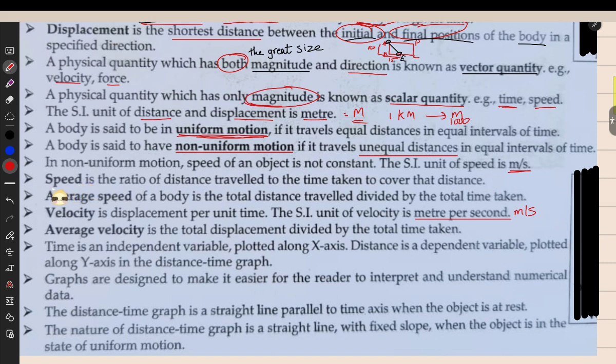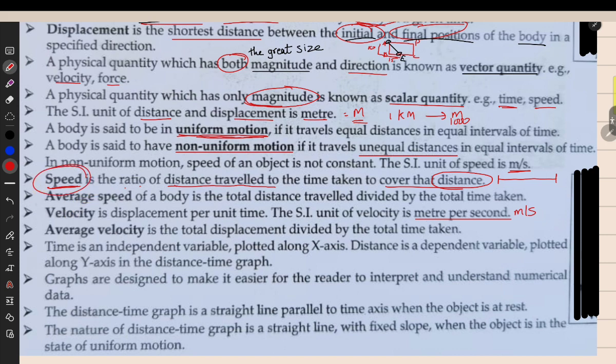What is meant by speed? Speed is within how much time we have covered how much distance. It is the ratio of distance traveled to the time taken to cover the distance. If you have 1 kilometer distance now, and how much time you took to cover that 1 kilometer, that is called the speed.